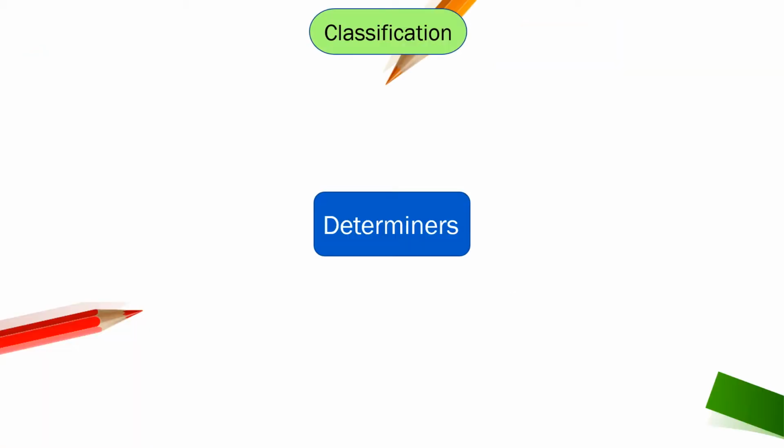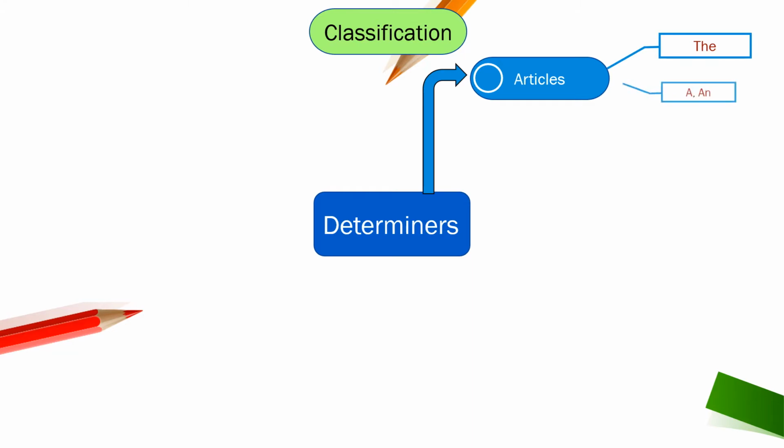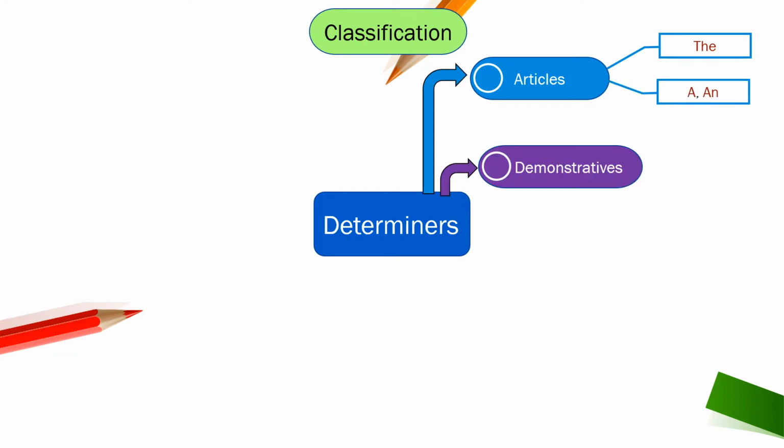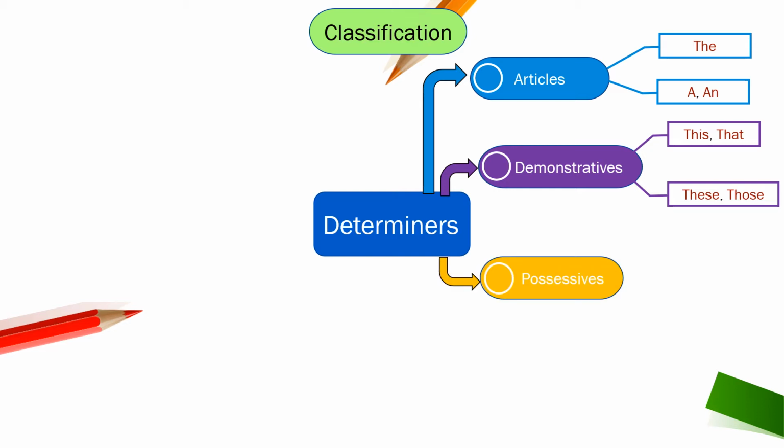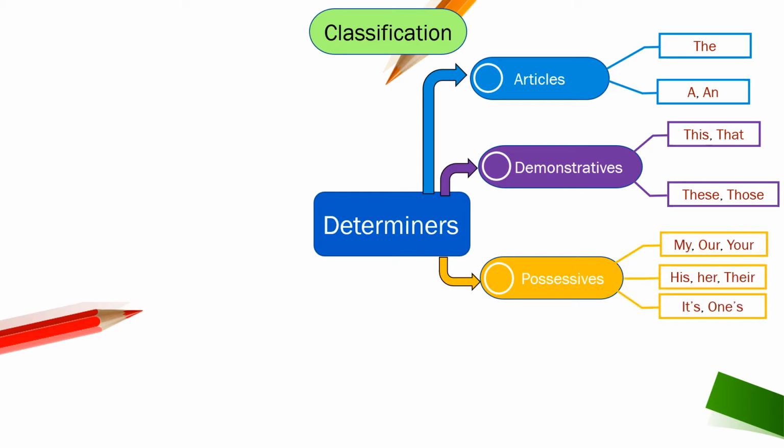Determiners can be classified into six main categories. They include definite and indefinite articles, a, an, the, and demonstratives. Words like this, that, these, those are used before a noun to determine its position. Possessives: adjectives like my, his, hers, your, yours, their, one's are used to indicate possession.